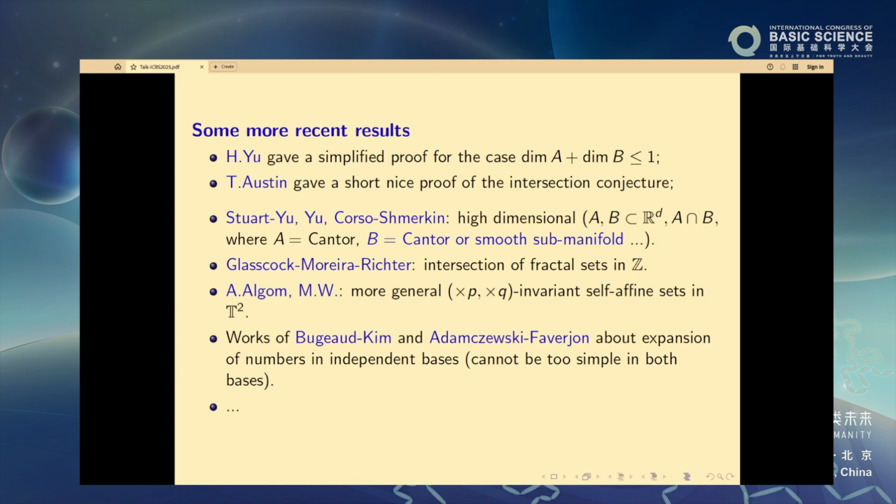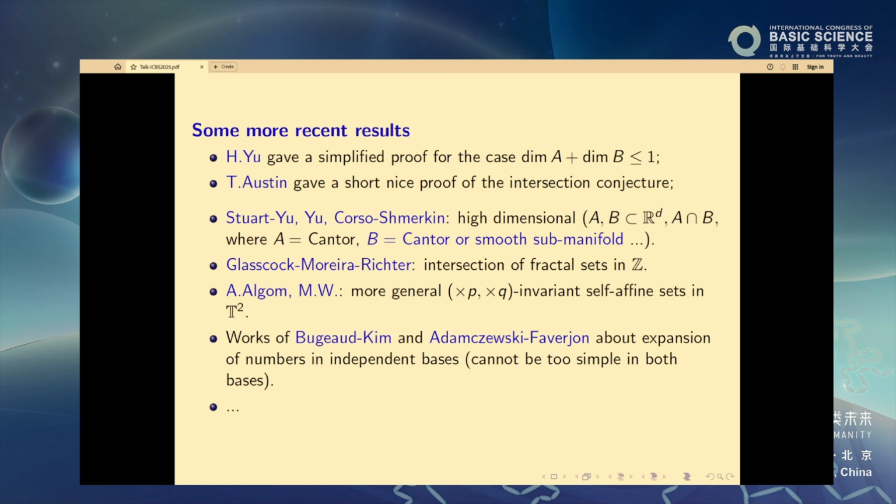I want to mention some recent developments in this direction. There are now several different proofs of this conjecture. As we said in the very beginning, Pablo and I both gave a proof. That's two proofs, and then later Yu Han gave a simplified proof.